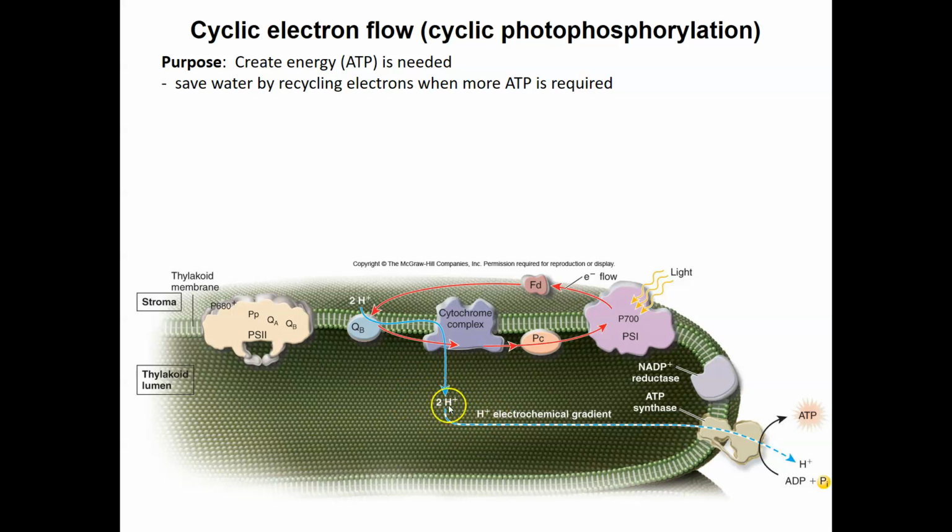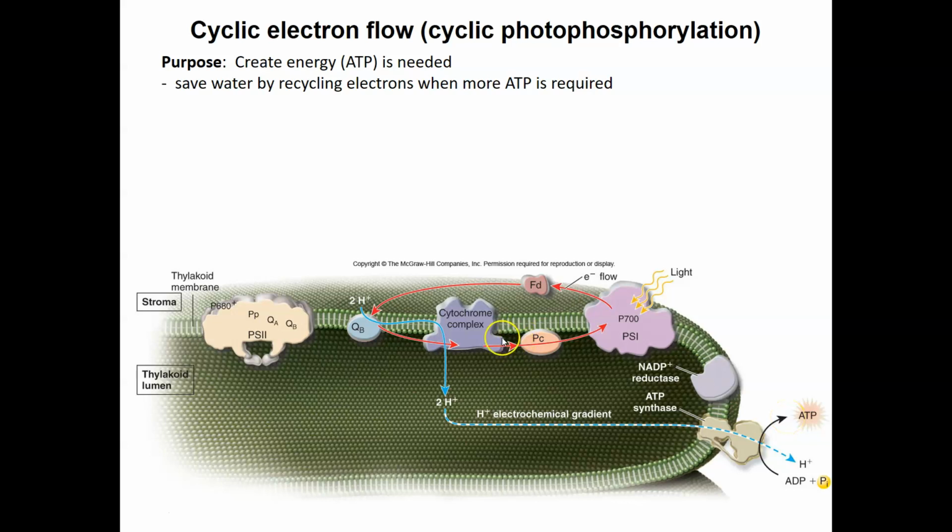Now, if you remember, what was the role of creating that proton gradient within the thylakoid lumen? It was really to drive the synthesis of ATP, as the protons were flooding through ATP synthase and driving that proton motive force such that large amounts of ATP would be made.